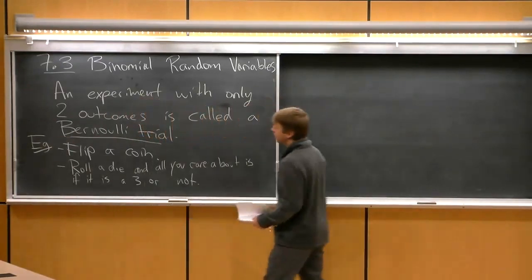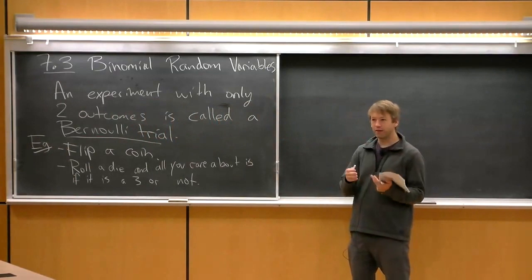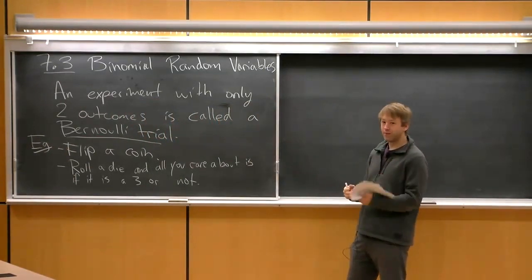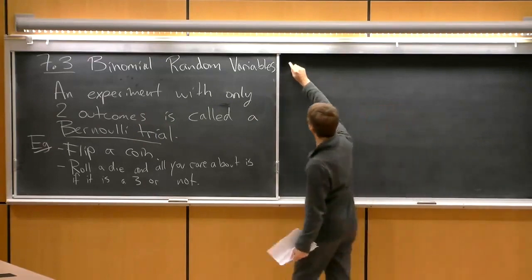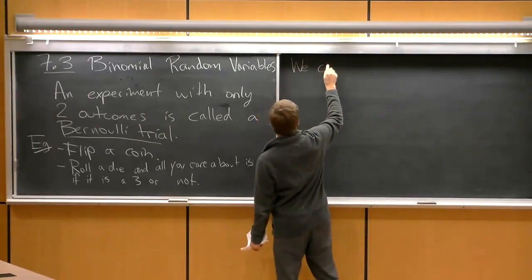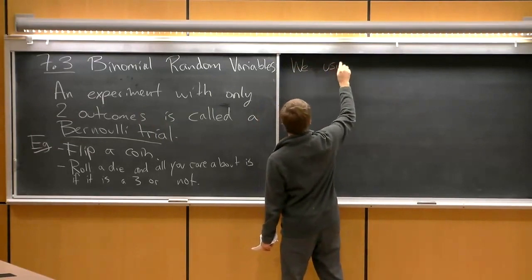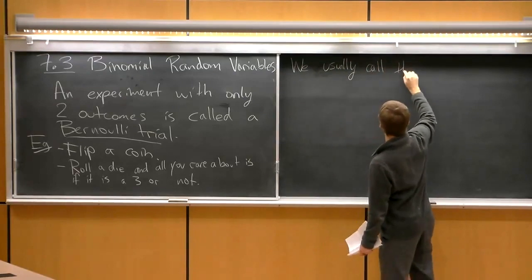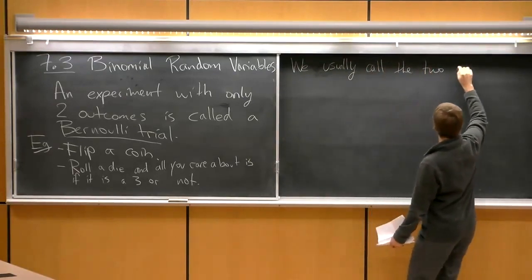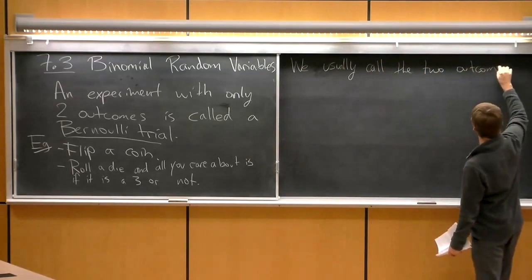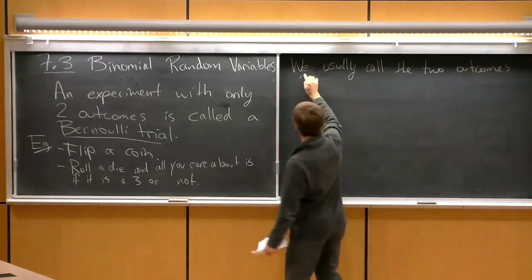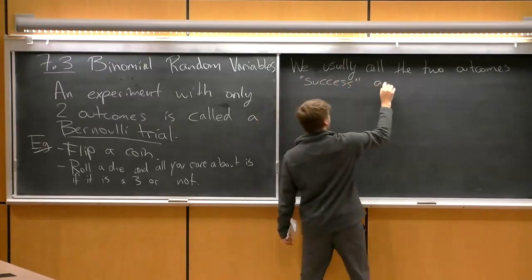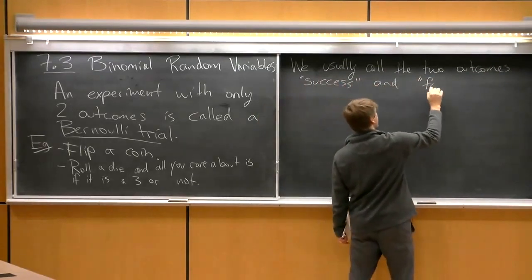So when we're talking about Bernoulli trials, we've got two outcomes. We usually think of one of them as being a success and one of them as being a failure. So we usually call the two outcomes success and failure.